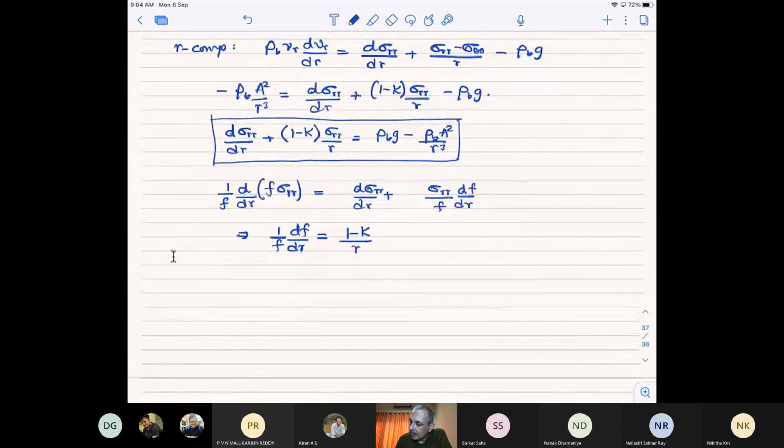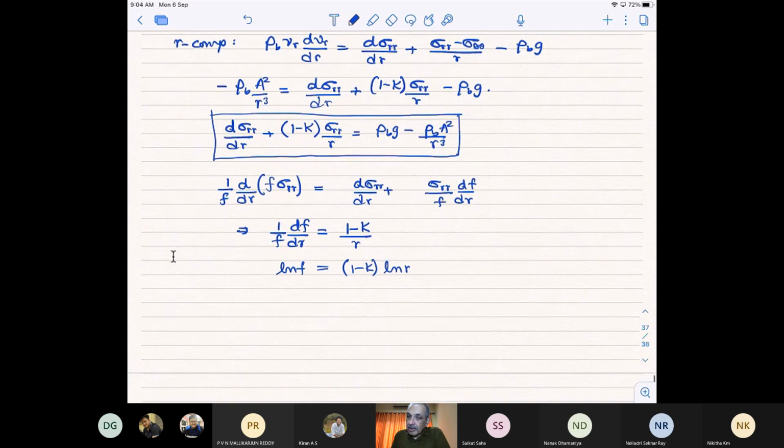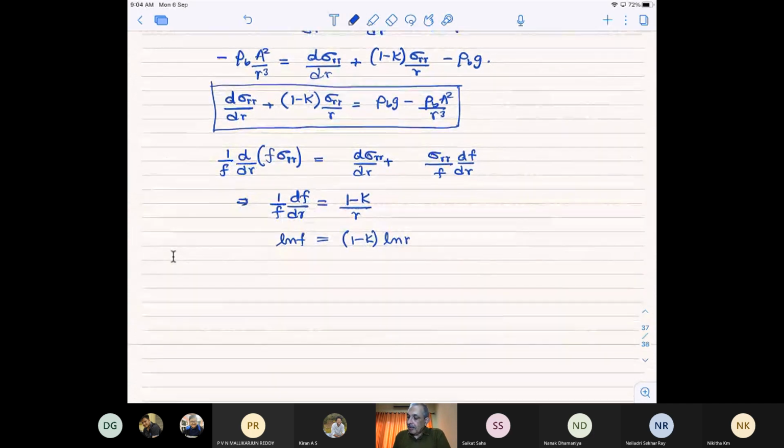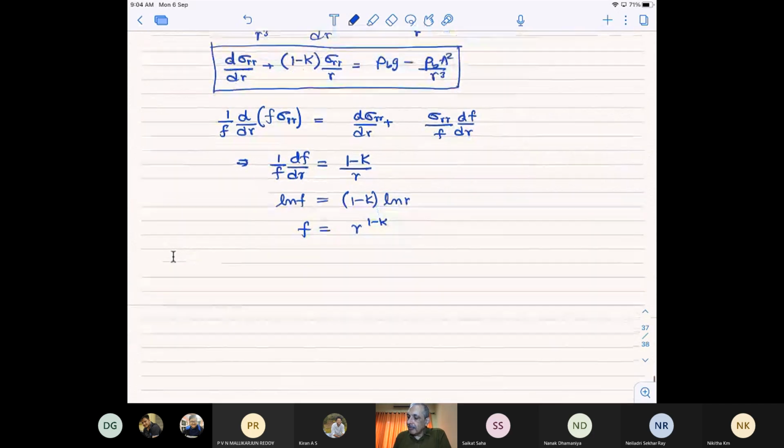So this gives you ln f is just equal to 1 minus k into ln of r plus some constant of integration, which is not important. And so now if we take the exponential on both sides, then you can just see straight off that f is just equal to r raised to the power of 1 minus k. So this is our integrating factor.